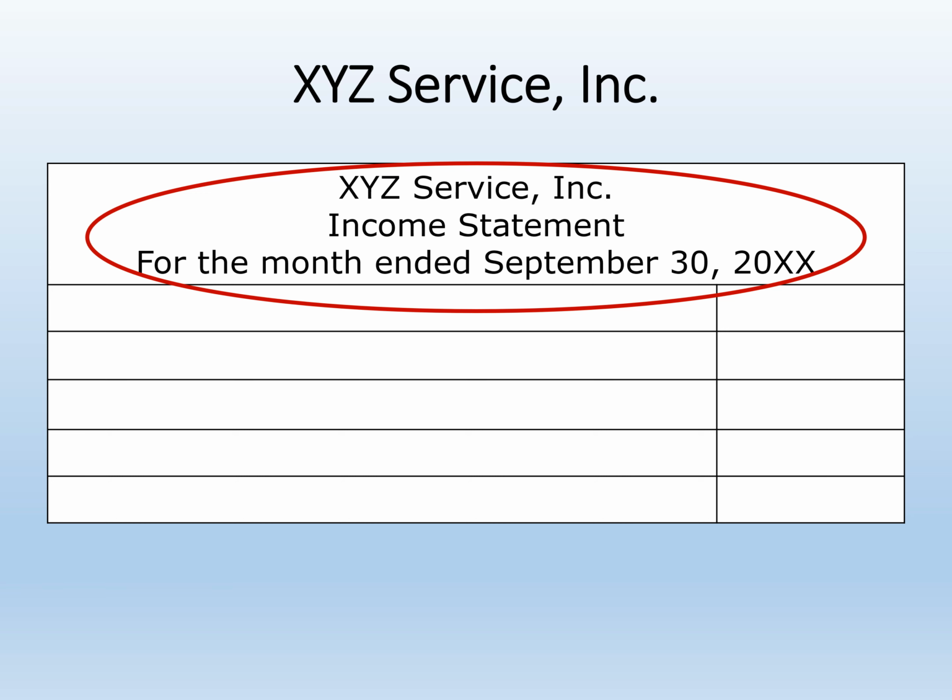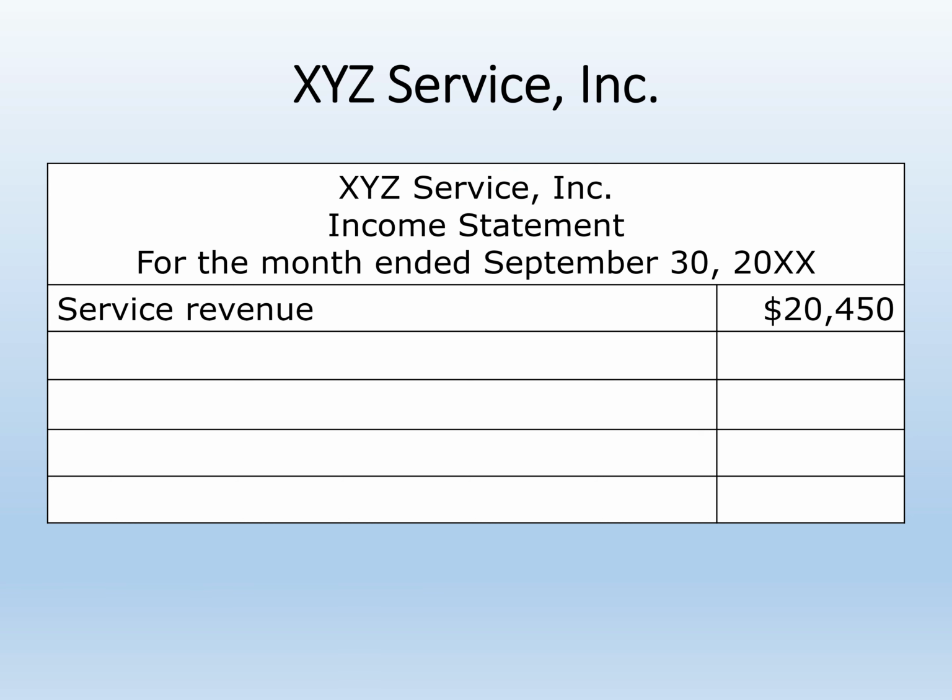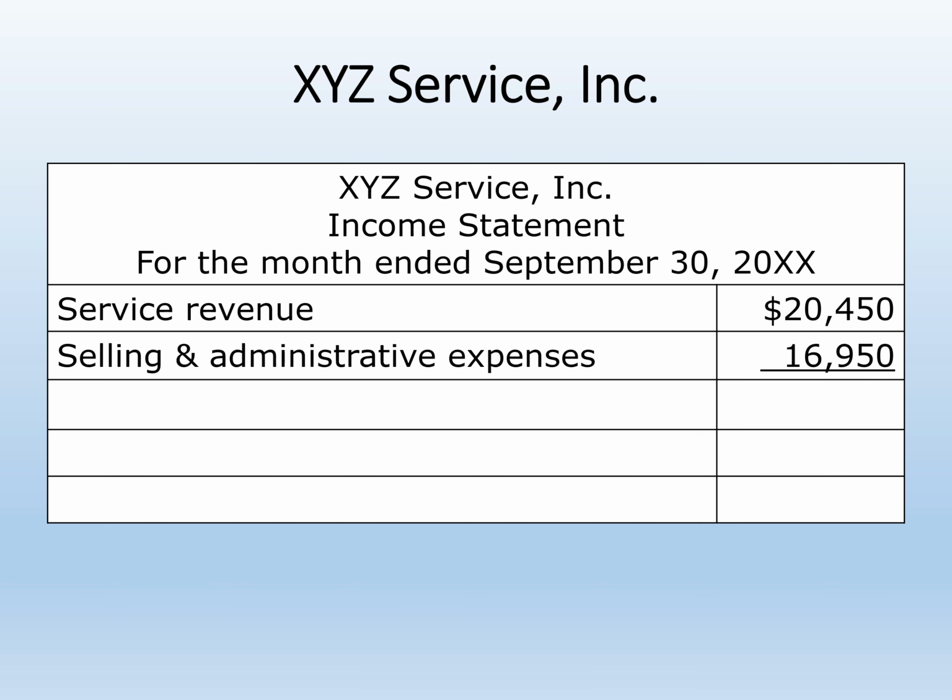Now we can tell the story of what happened to this firm during the period. We were told how much service revenue the firm earned. We were also told how much selling and administrative expenses the firm incurred. In this particular problem, we were just given the total of the selling and administrative expenses.